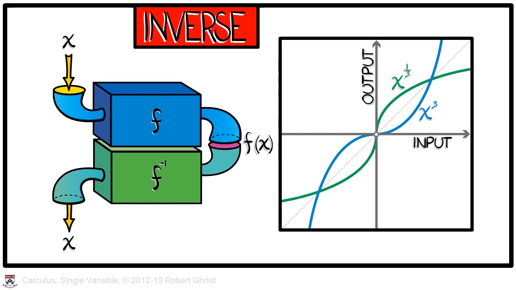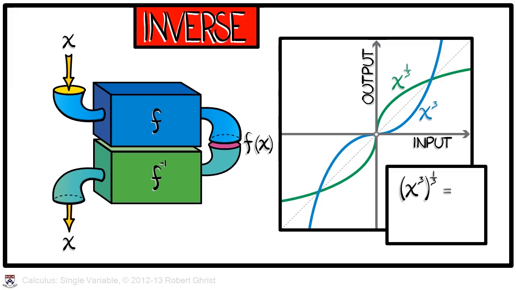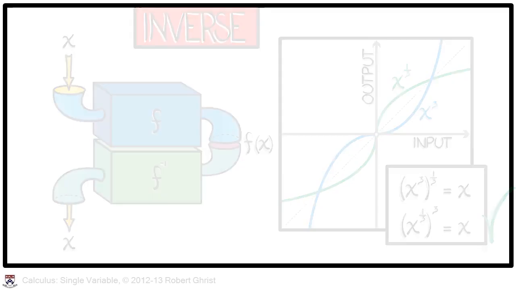One is that in taking the inverse, we are reversing the role of the input and the output, or geometrically, we are flipping the graph of this function along the diagonal line where the input and the output are equal. Of course, we can also think in terms of what the inverse has to satisfy. If we do x cubed and then take its cube root, we get x. Or the other way around, if we take the cube root of x and cube it, we get x.